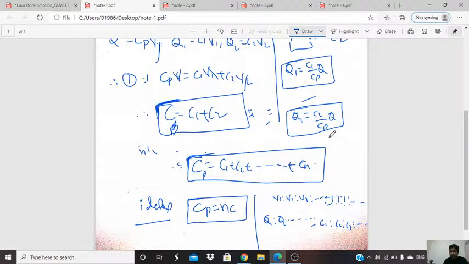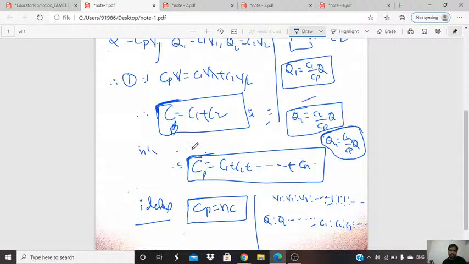Like Qn, charge through nth capacitor, Cn by Cp into Q. Okay. Right?